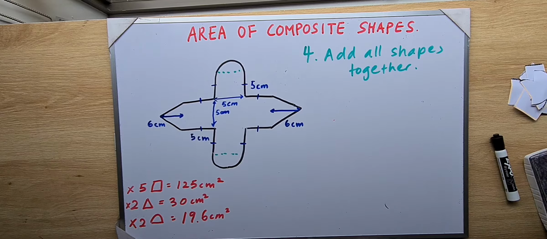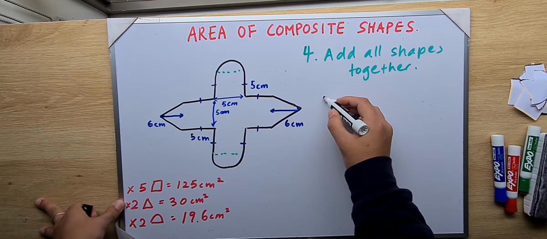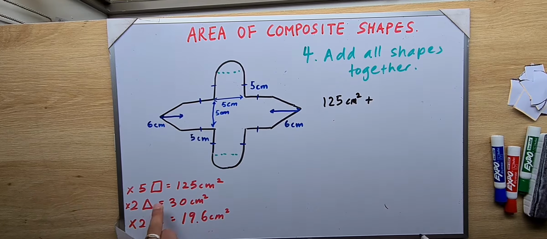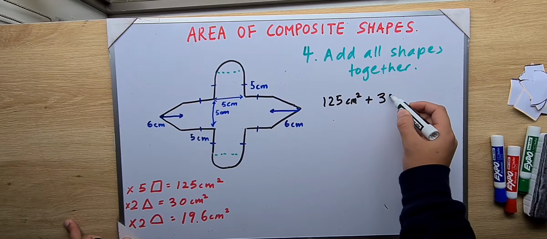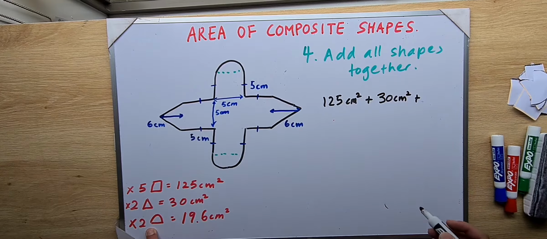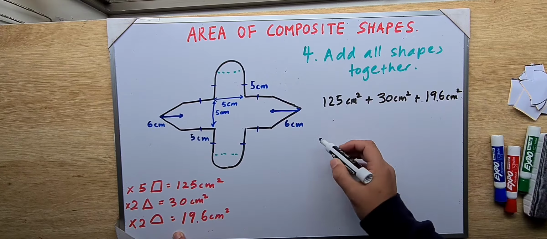So I need to add the total area of all my squares, all the 5 squares, which was 125 centimeters squared, plus both my triangles, which was 30 centimeters squared, plus finally my 2 semicircles, which was 19.6 centimeters squared.